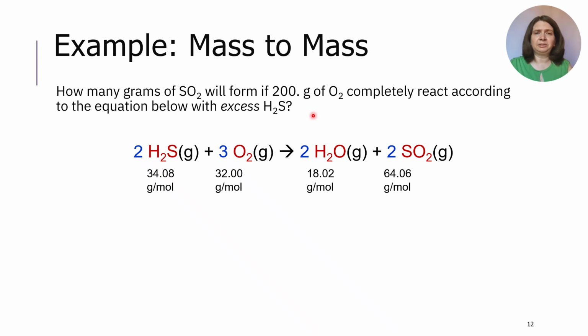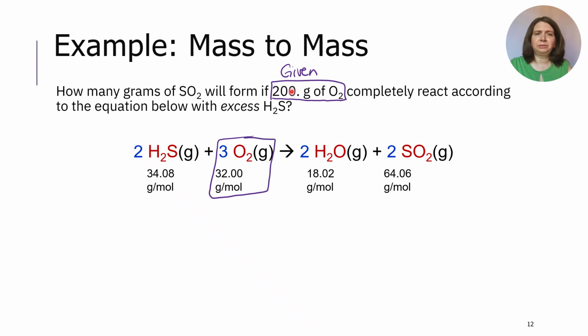Some H2S will remain after the reaction is complete, so we do not need to base our calculations on it. Instead, we base our calculations on the 200 grams of O2, since oxygen is the reactant that limits the amount of product formed. I find it helpful to identify the substances involved in the calculation directly on the balanced chemical equation.